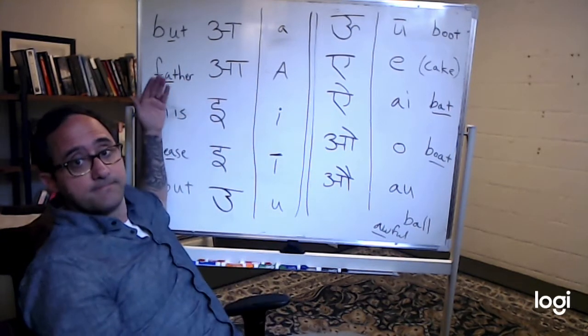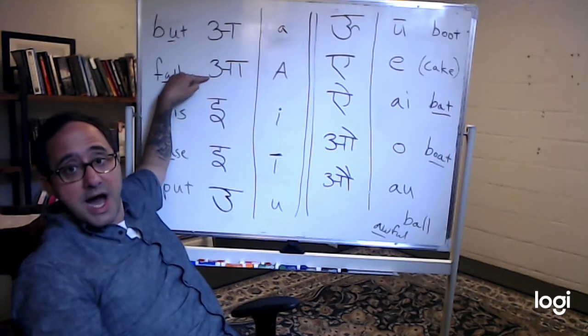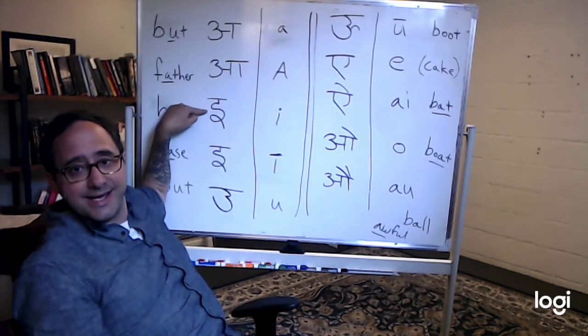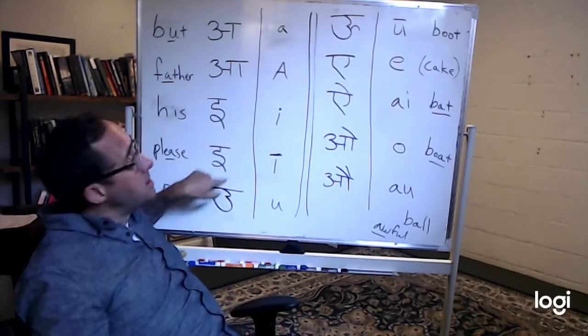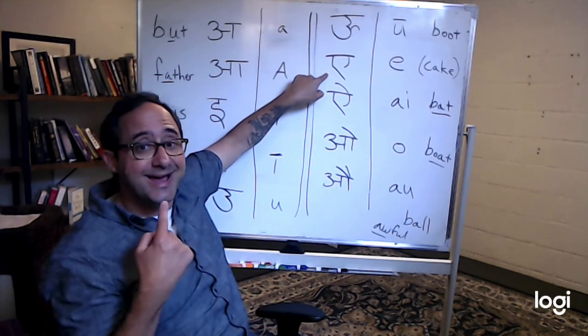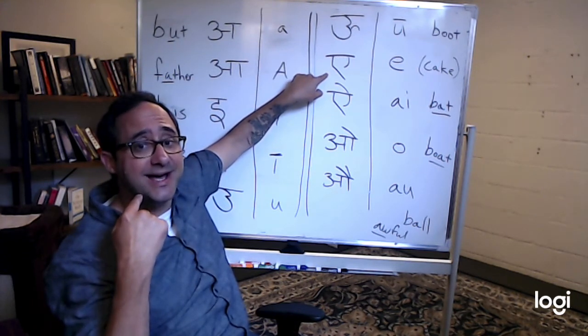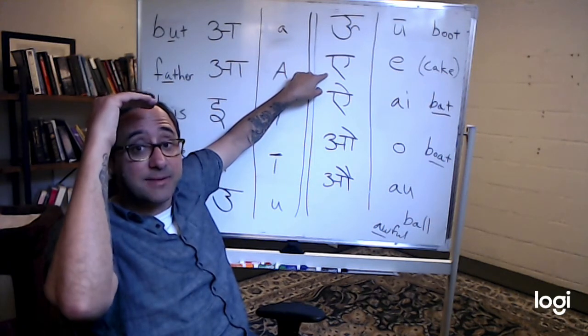So reviewing, I, I, U, E. Notice it's a little bit above like bed, and a little bit below I, like bit.